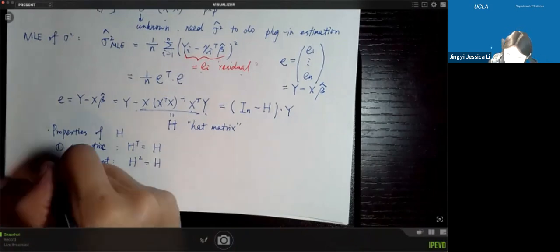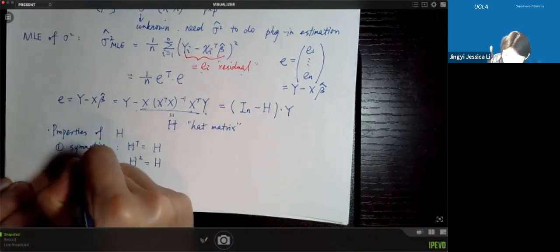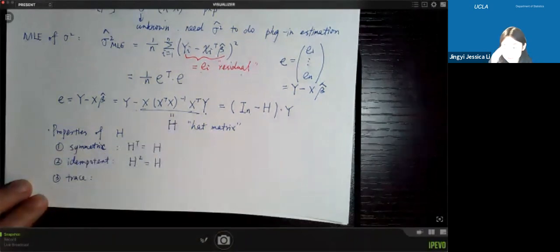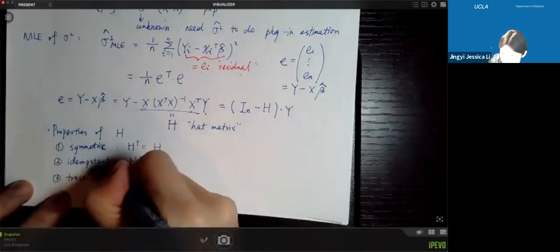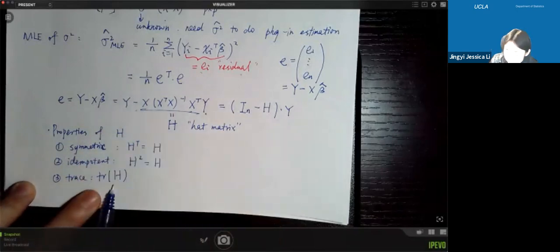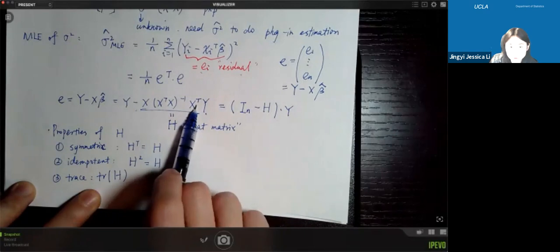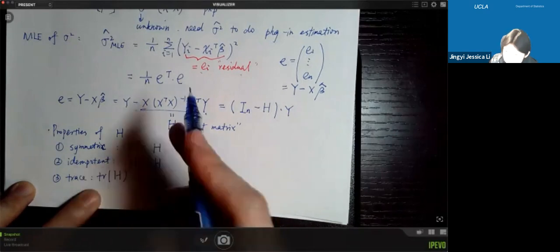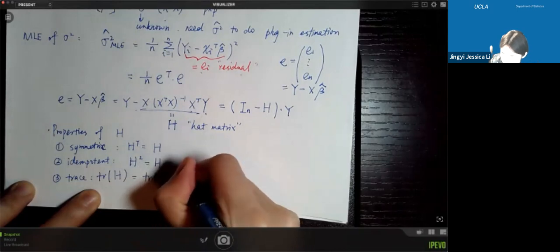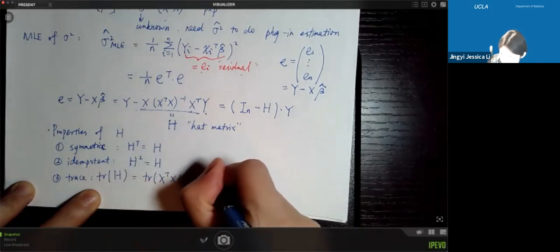The third thing is regarding its trace. Because of its special form, we can use the cyclic property of trace, and we get a very interesting result. Because of the cyclic property, we can move X transpose to the front, so it will be equal to the trace of X transpose X times X transpose X inverse.